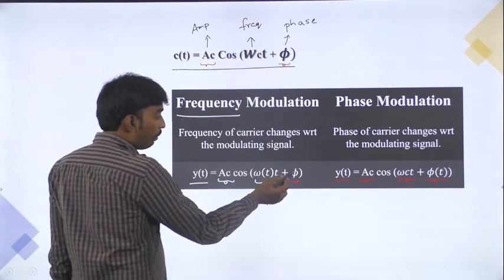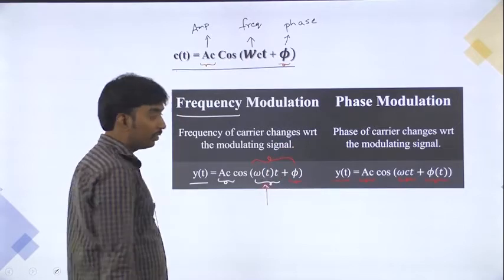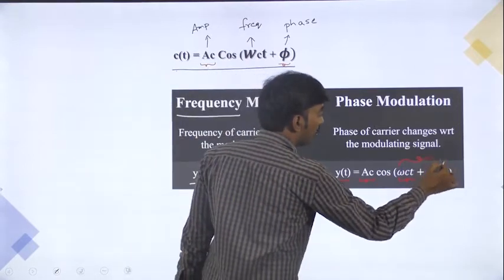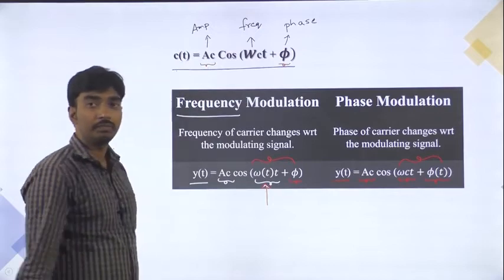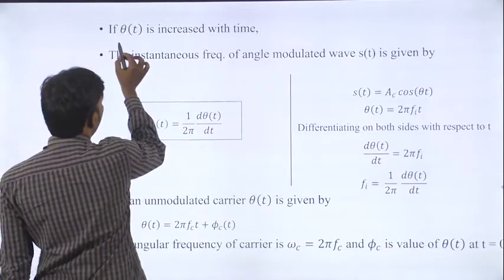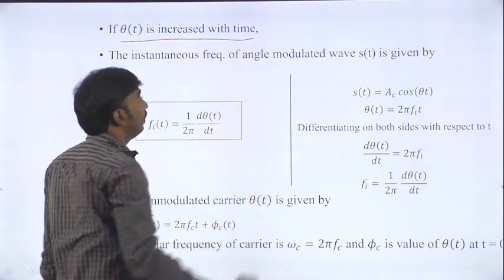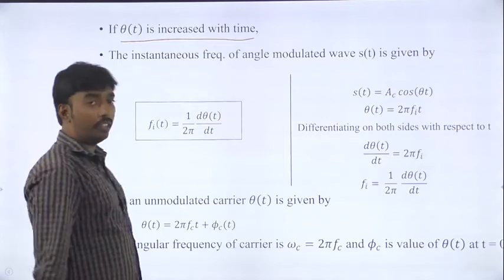Now if one parameter changes, the angle will be changed. If one parameter changes, the angle will be changed. And now this theta(t) increases with respect to time. Now what is theta(t)?